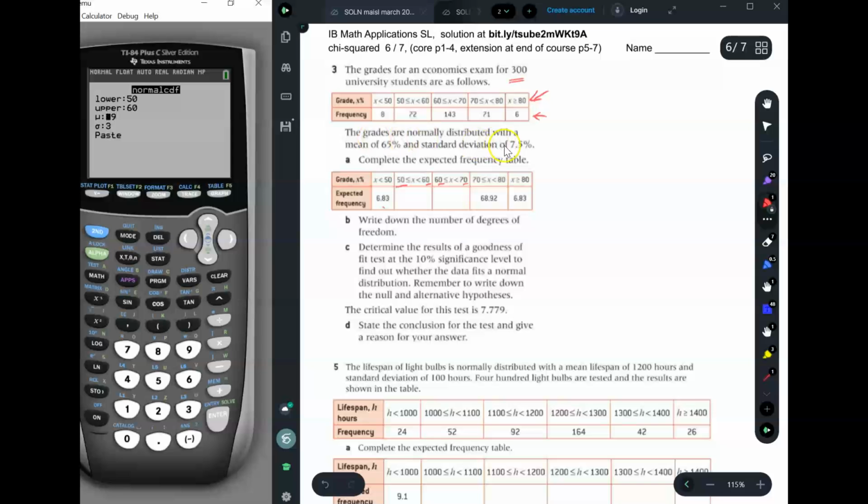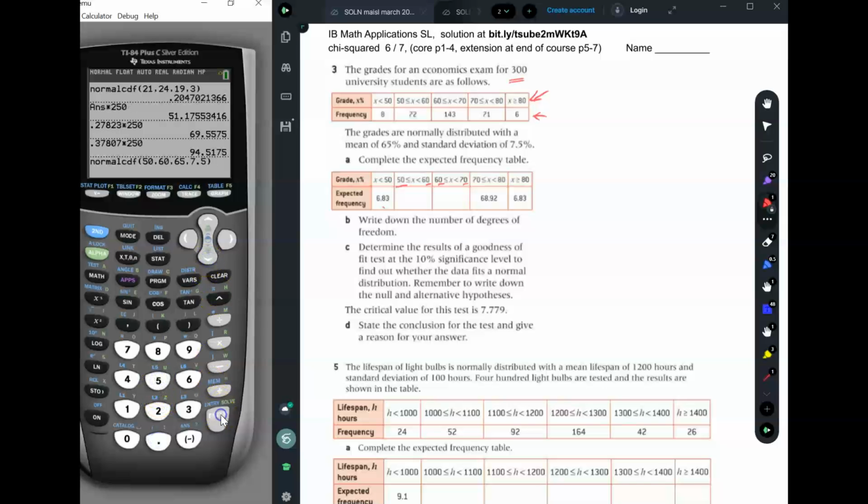The mu is 65 and the sigma is 7.5. And we paste. It's going to be 0.2297, and we're going to multiply that times the 300 people taking the exam, and that'll give us the quantity that we put in here.